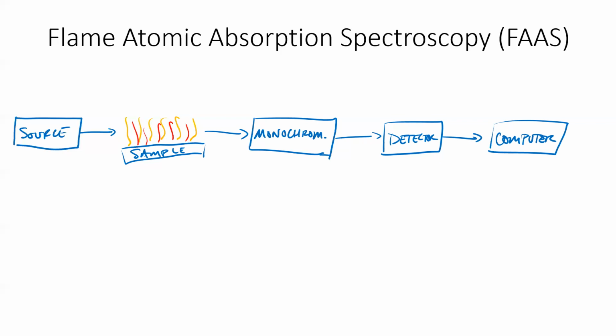Okay, and so this looks very similar to the diode array variety of UV-Vis that we talked about, where the monochromator and the sample are reversed from one another. There's no cuvette, right? This is our flame. The sample is in the flame.